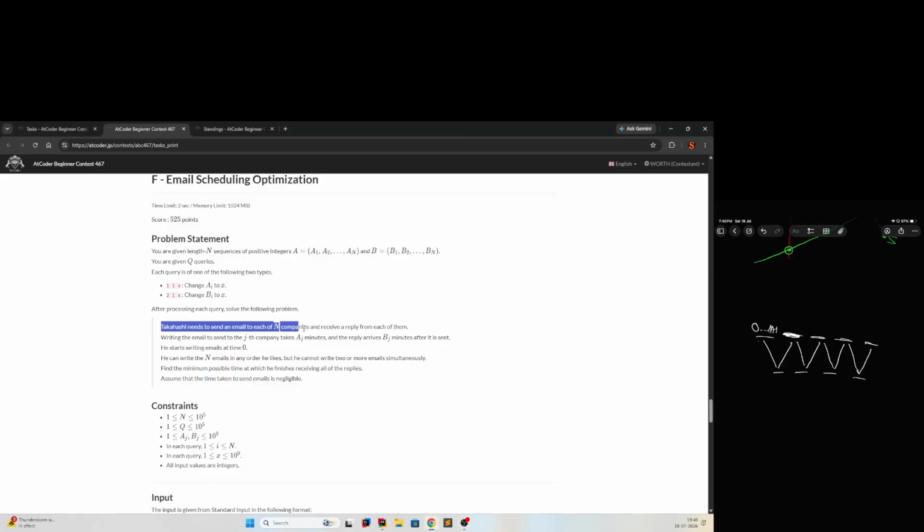So the problem statement says, let's ignore the updates for now. We need to send n emails, and for each j, it takes aj minutes to type the mail and bj minutes to receive the reply.